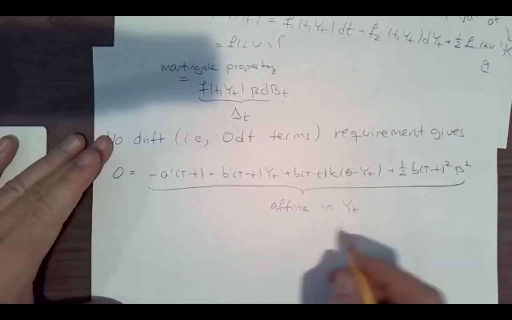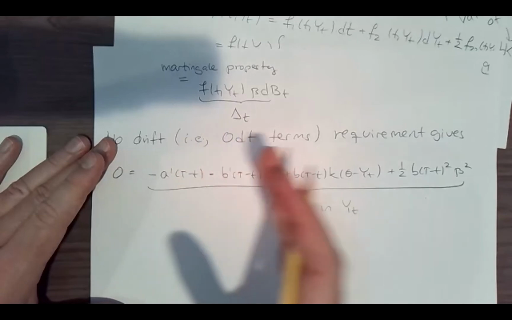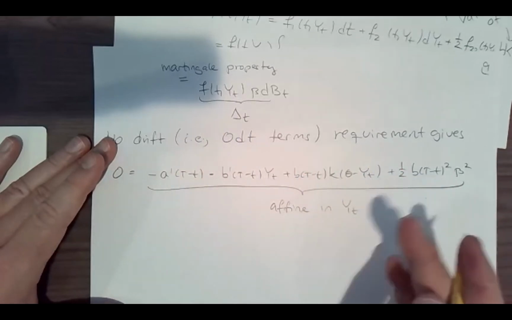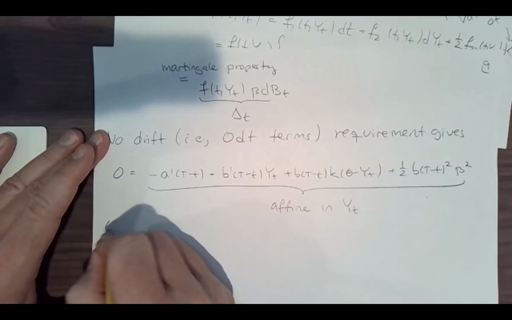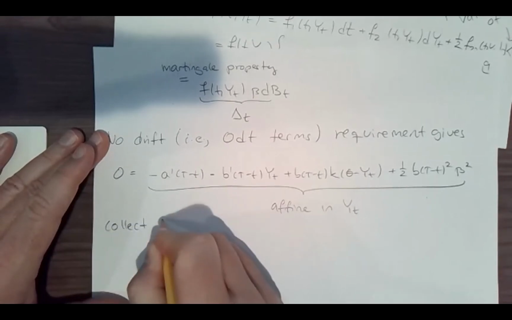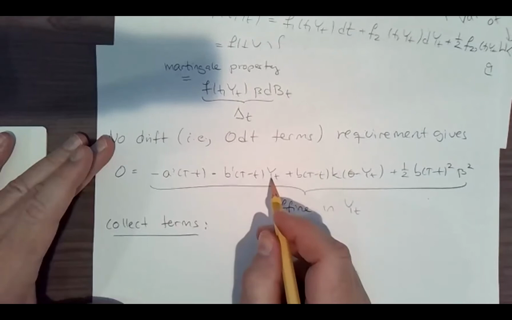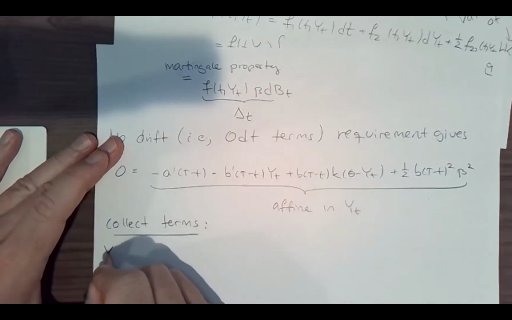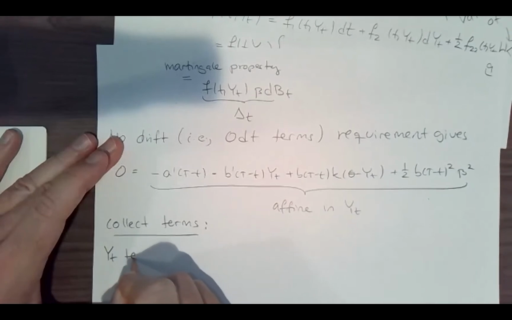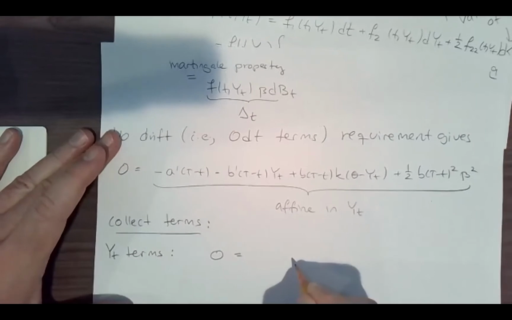So what you do now is, an affine function is characterized by the slope and the intercept, and you put these two to 0. So you collect terms. The first one you collect will be the y_t terms. We put a 0 there.